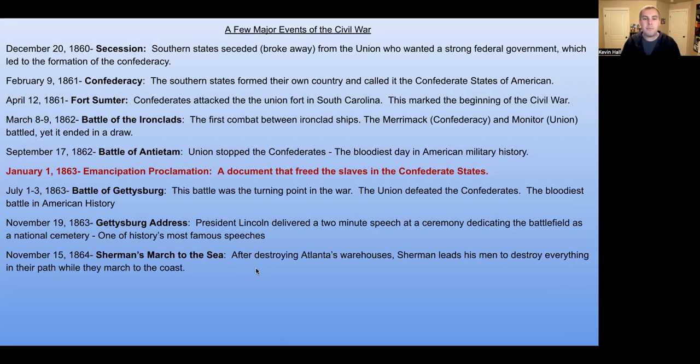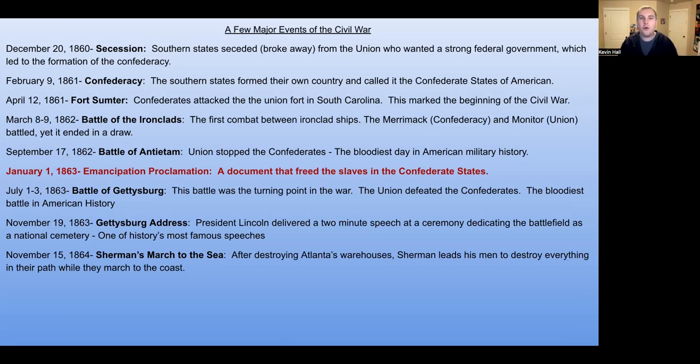Then there was Sherman's March to the Sea. General William Tecumseh Sherman led his men from Atlanta, Georgia to Savannah. And all the while, he destroyed everything in their path. In some places, the path of destruction was over a mile wide.